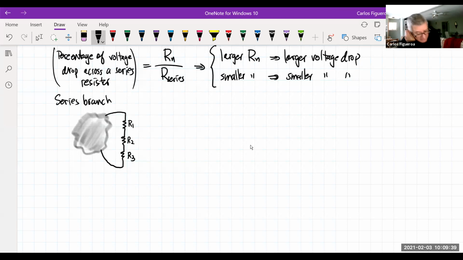According to the voltage divider rule, if I have a voltage drop across this branch, then I can calculate the voltage of each of these resistors without having to look at the rest of the circuit. I don't have to look at it.